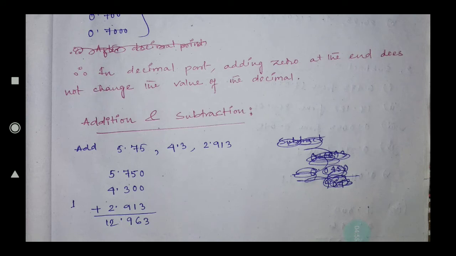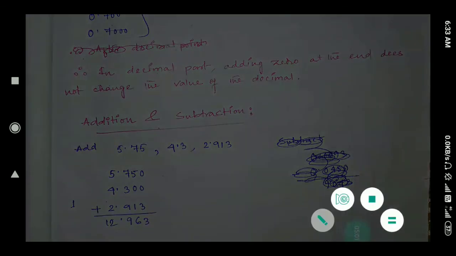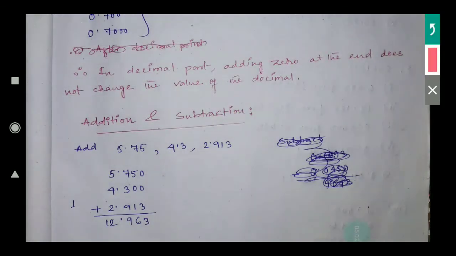Now addition and subtraction. In lower classes you have learned addition of 2 or 3 numbers together. Suppose it is given like this: 575, 43, 2913. Addition is asked. How will you do addition?